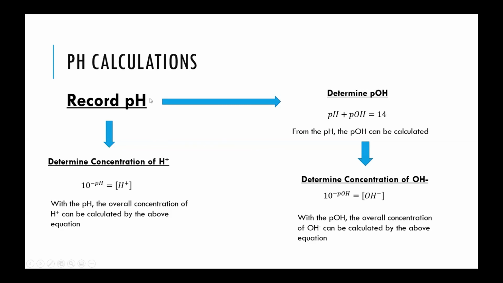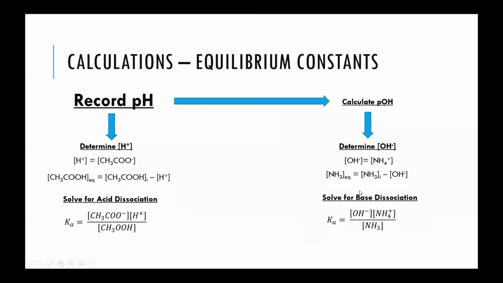From the pH value, you can determine the concentration of H+, and from the pOH value, you can determine the concentration of OH-. You can also determine the equilibrium constants for the weak acid and weak base, so for the acetic acid and the ammonia.